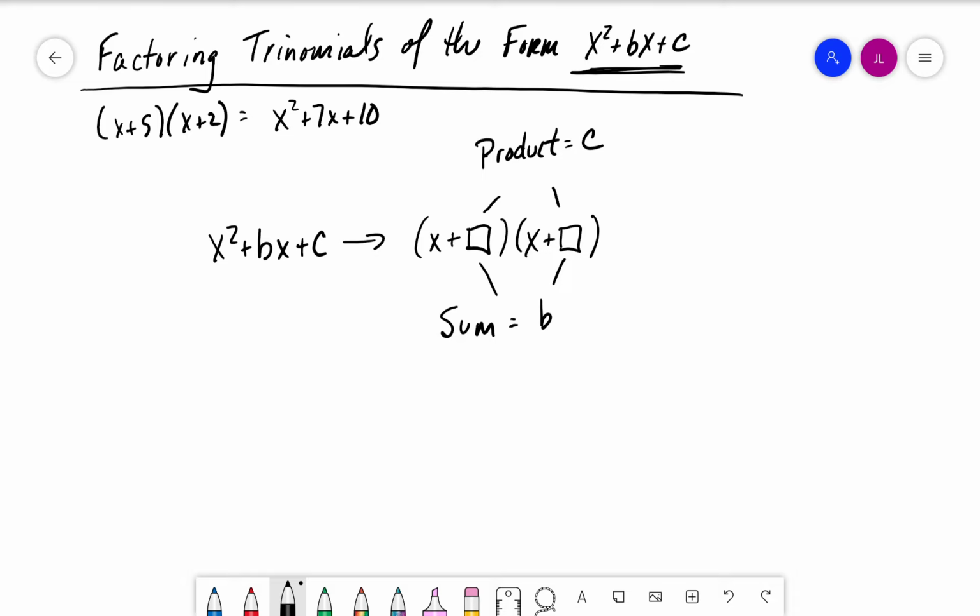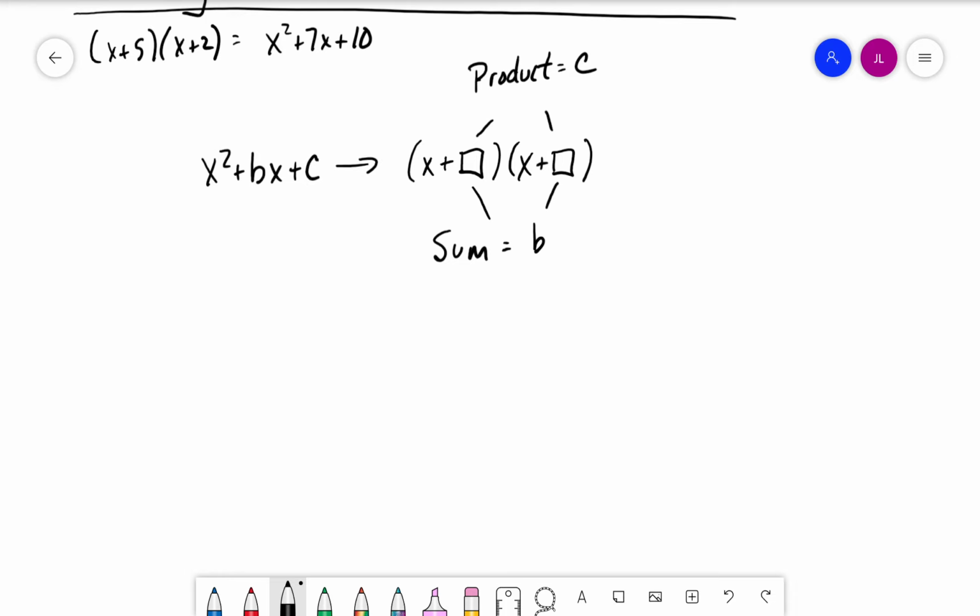So what do I mean by that? Well, let's look at another example. Let's say we want to factor x squared plus 7x plus 12. Since our coefficient on x squared is 1, we're going to have an x in one binomial and an x in the other one. We have two positive signs, so we'll be positive here and here.